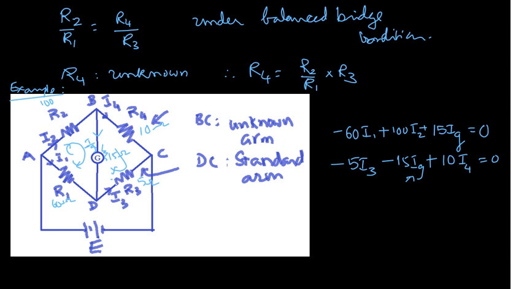If you are having confusion on this step, let me explain this one more time. I am doing undo. I am doing from this part. This part is easy. I said first you should take whatever it is, minus 5 I3. This is the one. Then into this, you are having two currents. One is this, whatever is coming through this, and whatever is coming through this, as well as Ig.